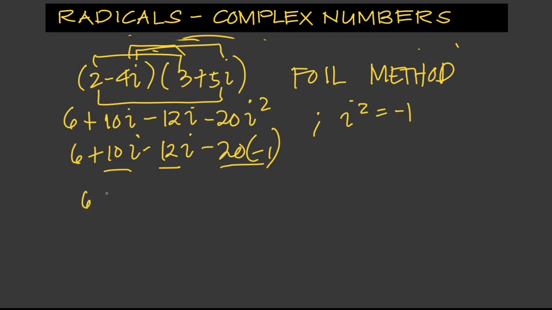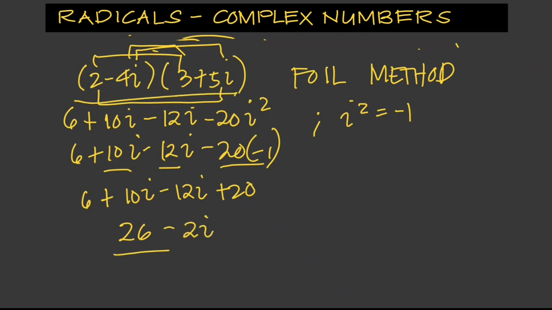So this is 6 plus 10i minus 12i plus 20. So 6 plus 20 is 26, and 10i minus 12i is negative 2i. So this is just equivalent to 26 minus 2i.